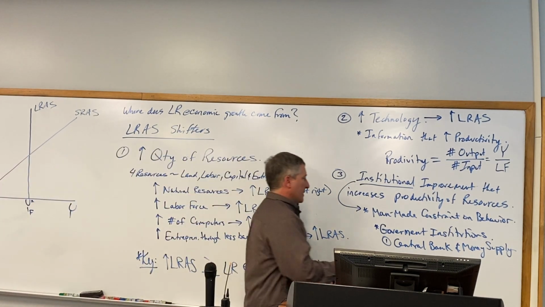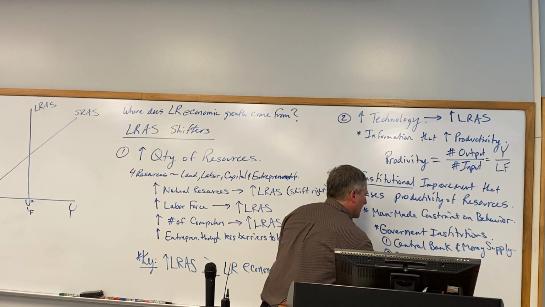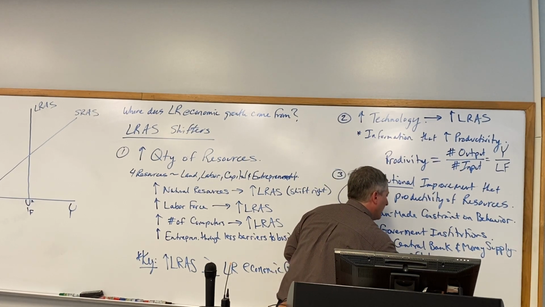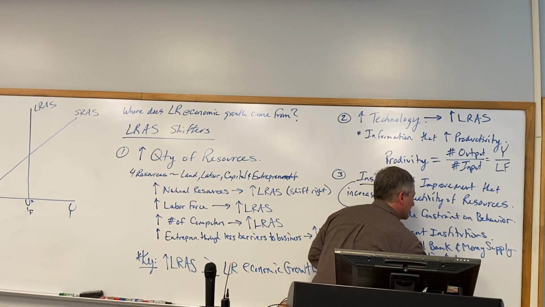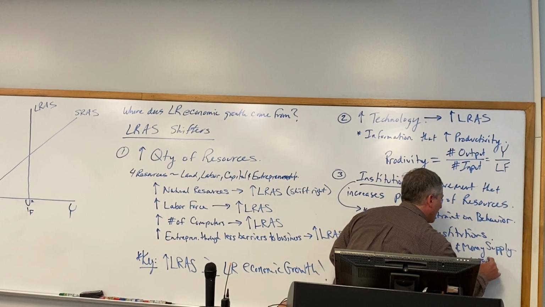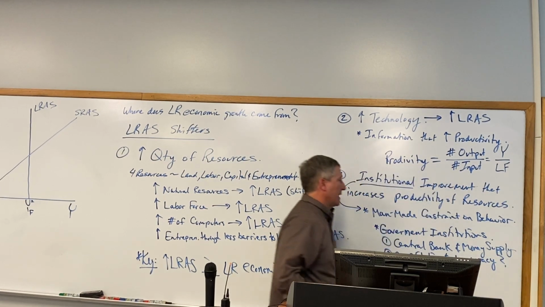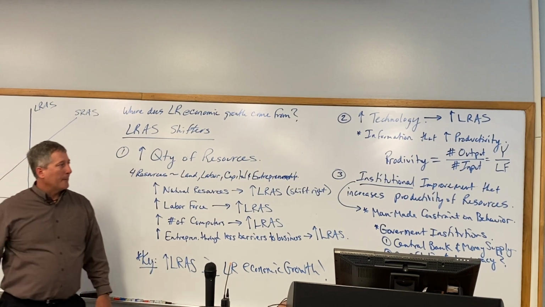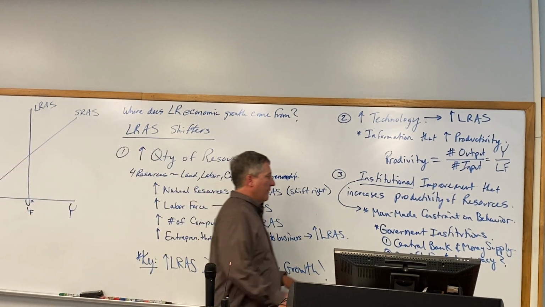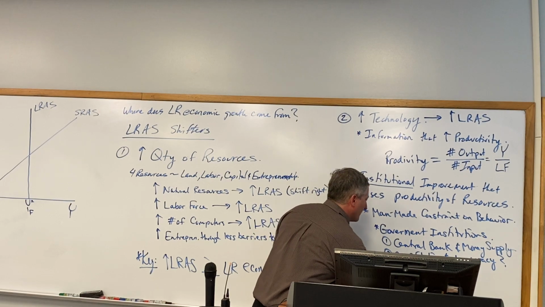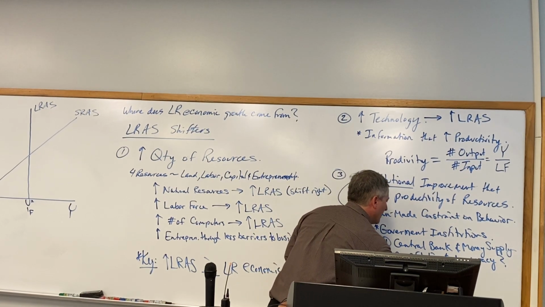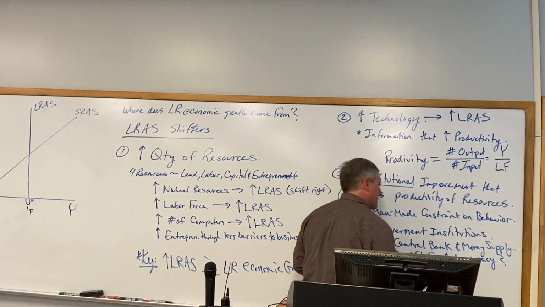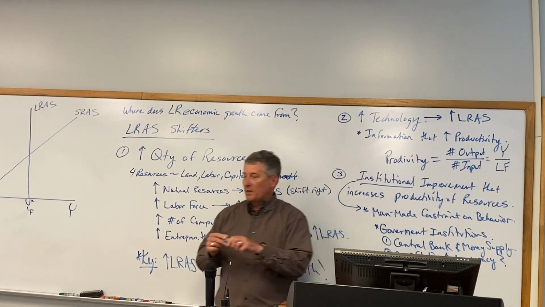Government institutions: is there a constitution and democracy, or is it more of a dictatorship? I'll just put a question mark. What level of corruption is there within the government? I'll just put question mark, corruption.